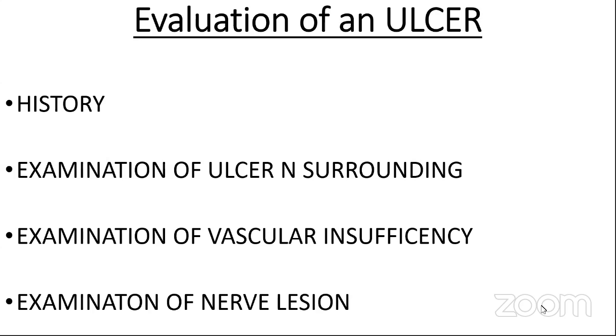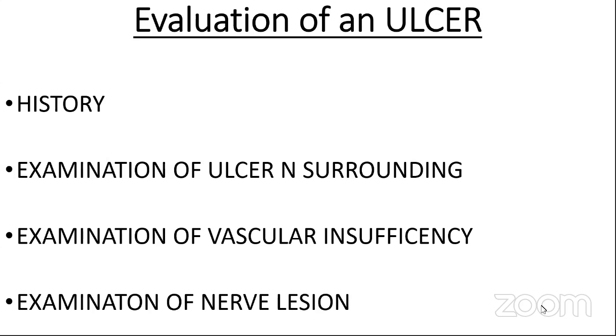Now, history: how it started, how long it has been there, whether there is any discharge from the ulcer and any treatment given, is it progressing? All this history should be asked for. Sometimes it can start as a swelling which bursts open and becomes an ulcer, or it can become an ulcer because of trauma, or it can become an infected injury and then an ulcer.